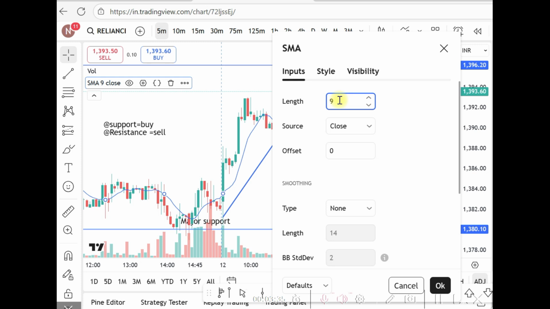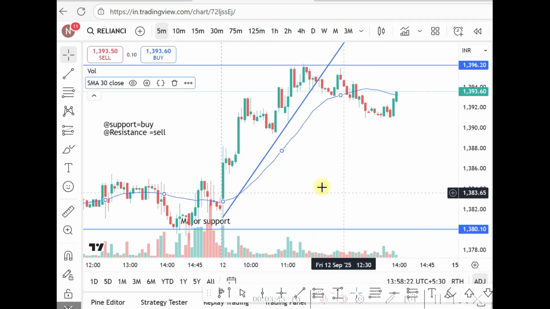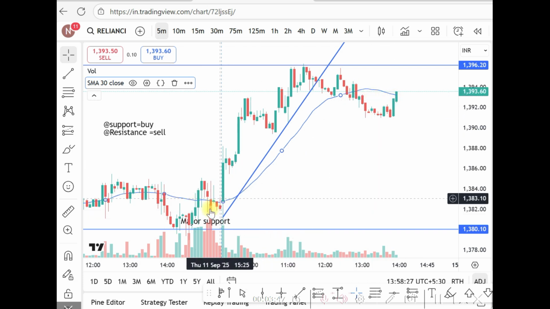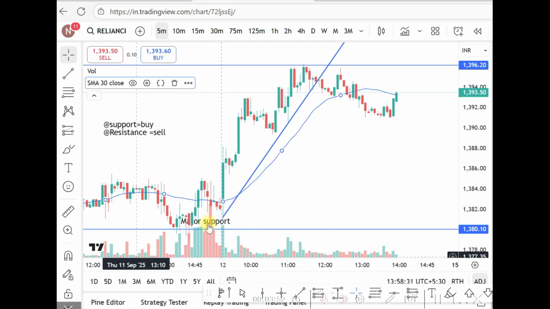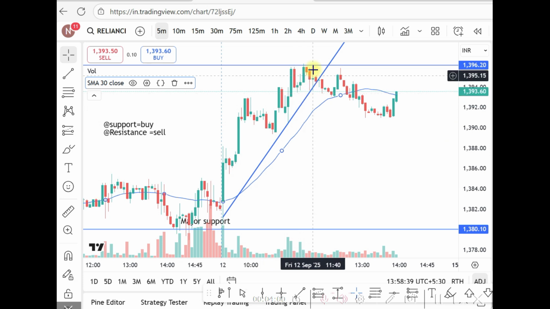You can change the input here, give 30, 50 or 200 moving average as per your wish. Then see, we have plotted the moving averages. The moving average also gives the confirmation that it is an uptrend, and on breakout of this moving average you can take a trade. See, the price has moved till here.